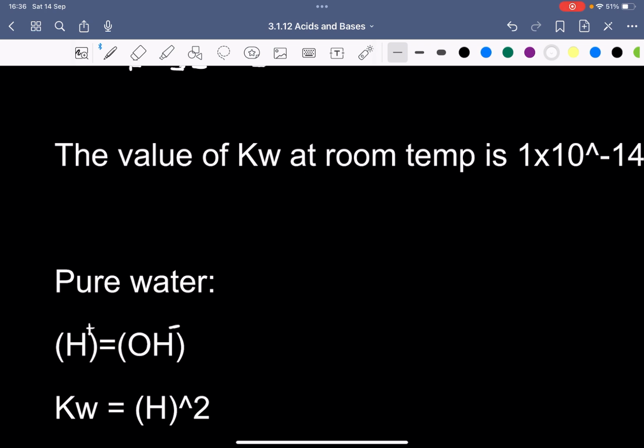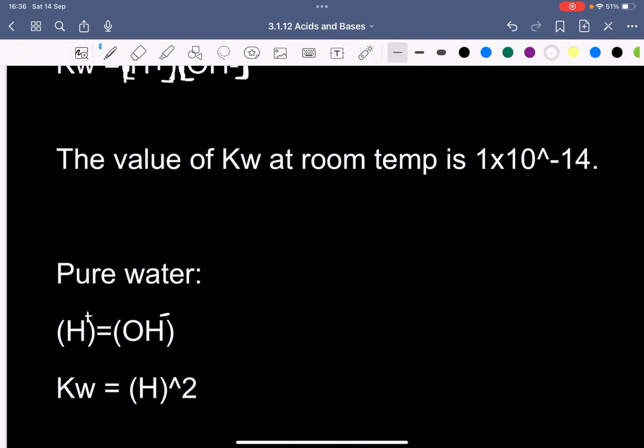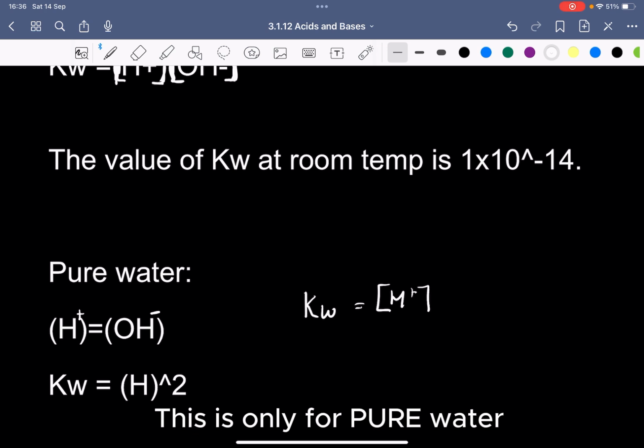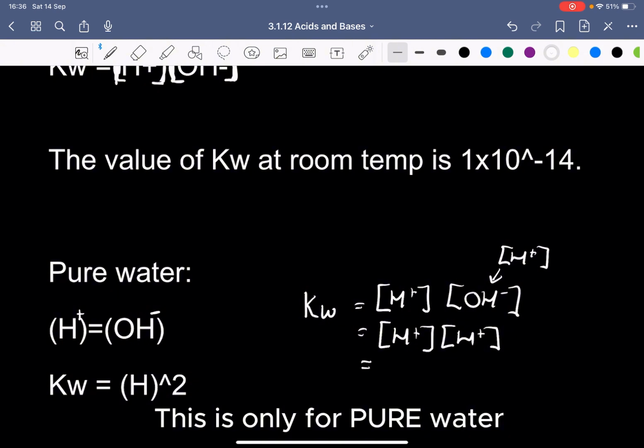Okay, and this is the concentration, right? Now, because of this, in our Kw expression, we can substitute the OH- for H+. So that we get Kw is equal to [H+] times [H+], which is basically the same thing as [H+] squared.